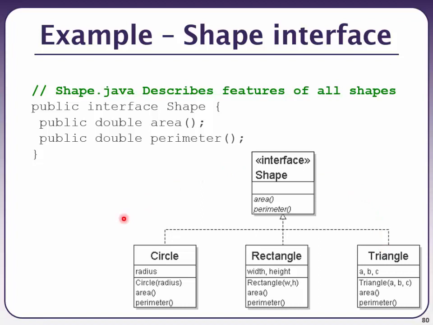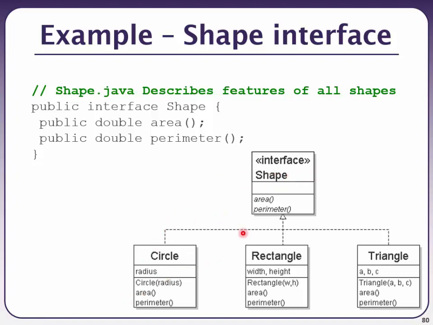So the way we can represent this in a UML style diagram is we make a note here that this is an interface and not a class. So interface Shape contains the methods area and perimeter, and Circle, Rectangle, and Triangle each of them implement it, so we use a different notation here, a dashed line with an arrow. So those three classes implement the Shape interface. So they do not inherit from Shape. Shape is not a class, it's not a superclass, it's an interface.